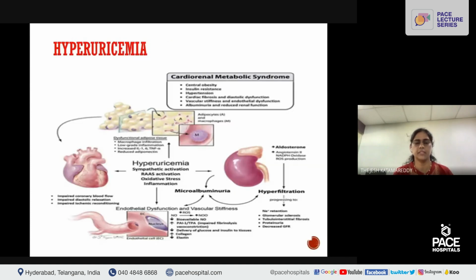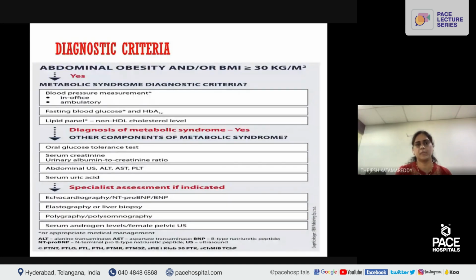So this is mainly about the pathophysiology of the disease. Coming in brief to the diagnostic criteria: abdominal obesity with the waist circumference criteria or more than 30 BMI, associated with high blood pressure, or impaired fasting glucose and HbA1c, or any abnormality in the lipid panel, along with this confers the metabolic syndrome.